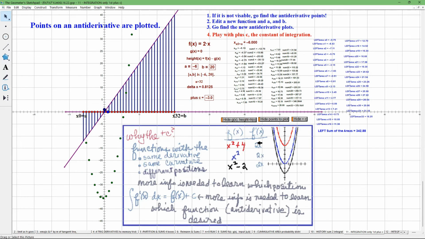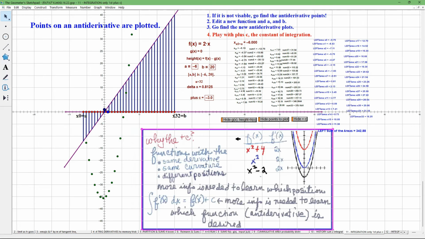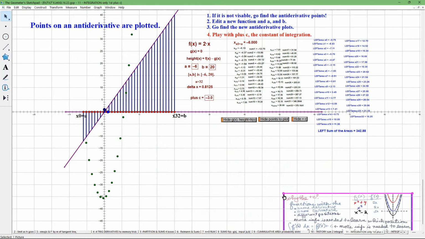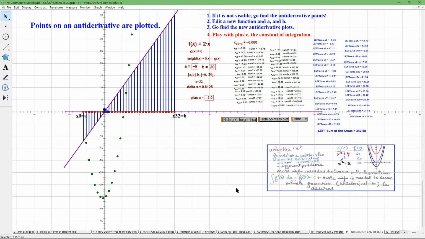We can't tell what that function was because we can't see if it's the blue one, the red one, or the black one, because each of these has exactly the same derivative, the same curvature. So we need additional information: a constant of integration.